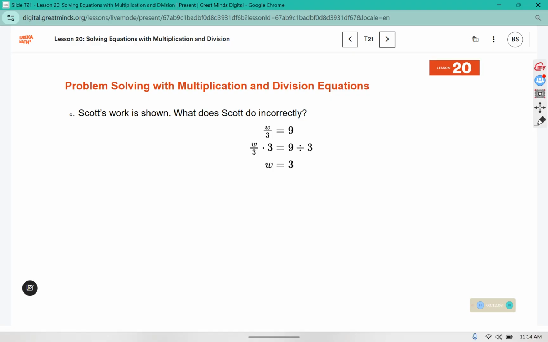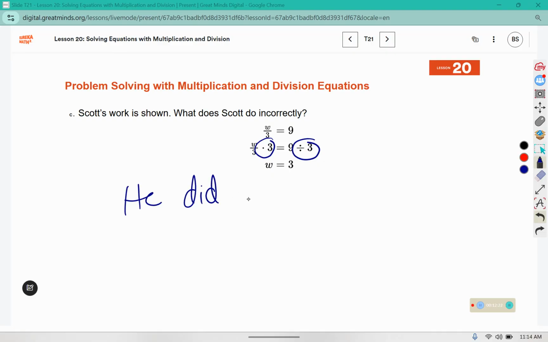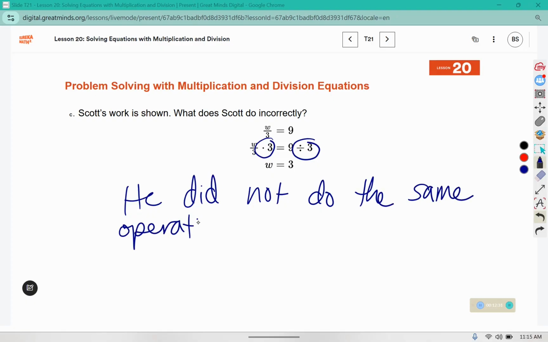Scott's work is shown. What does Scott do incorrectly? You see on this side he multiplied by 3 like we did, but over here he divided by 3. So he did not do the same operation on both sides.